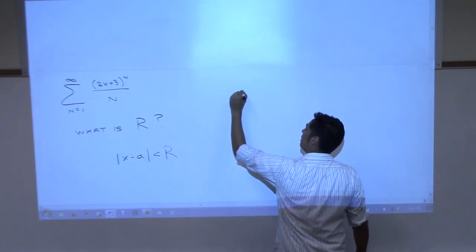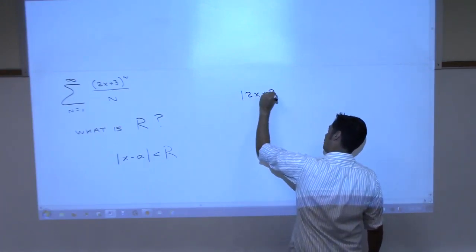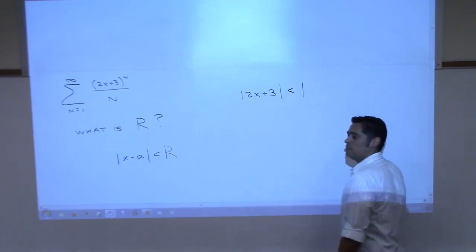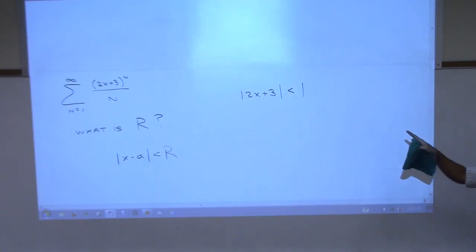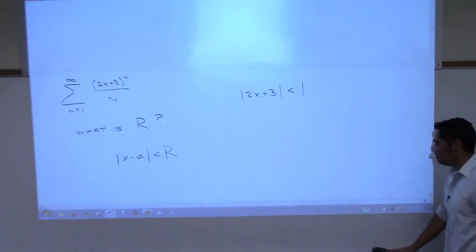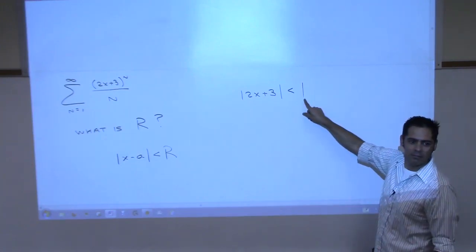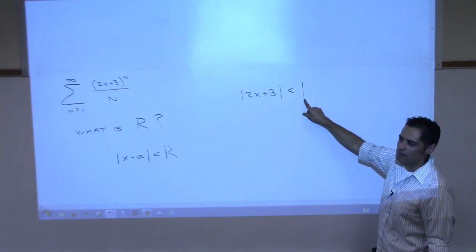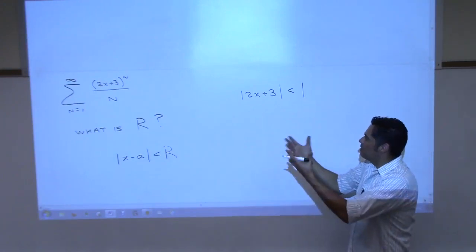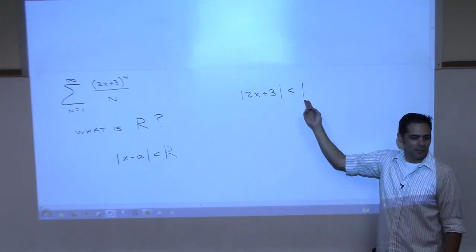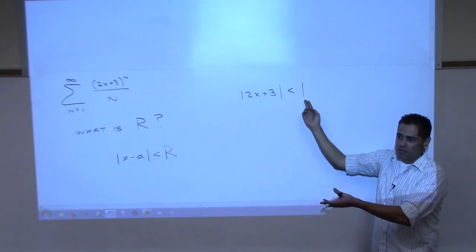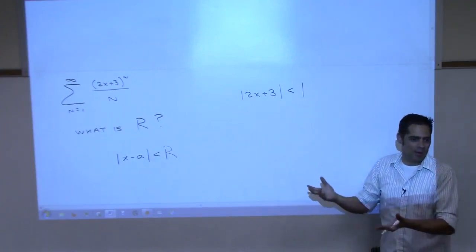Didn't we say we had the absolute value of 2x plus 3 less than 1? Now, that is not R. R is not 1. Because don't all these problems have 1 over here because of the ratio test? So it can't possibly always be a radius of 1.